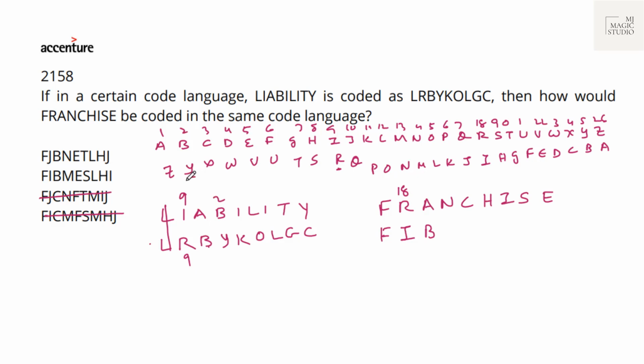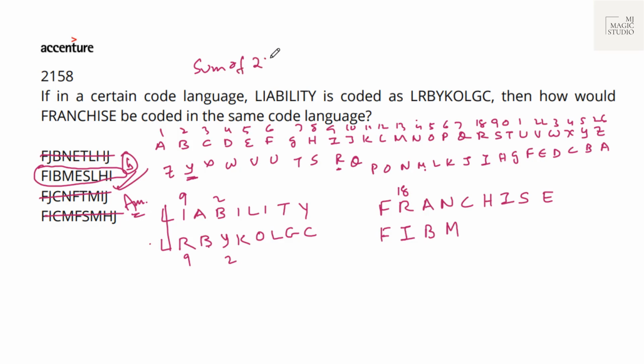Then it is B, Y: B is 2, and in backward also Y is 2. So N, what is opposite N in this series is M. So I'll pick M. FIBM, option A is out. Once only one option is left, you can go for this. Option B is the answer.